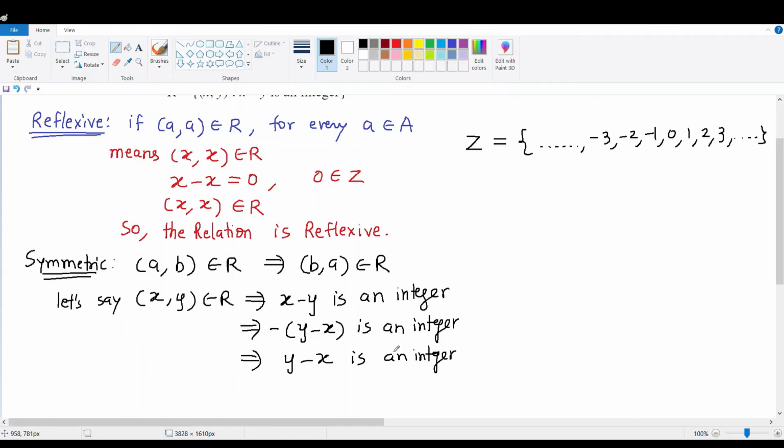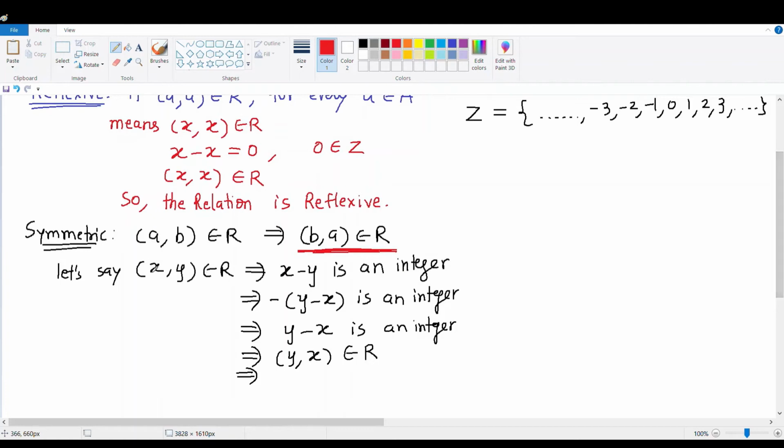So y minus x is an integer, and since y minus x is an integer, that implies that y comma x belongs to R, and that means we got to this: b comma a belongs to R. Our y was actually b.